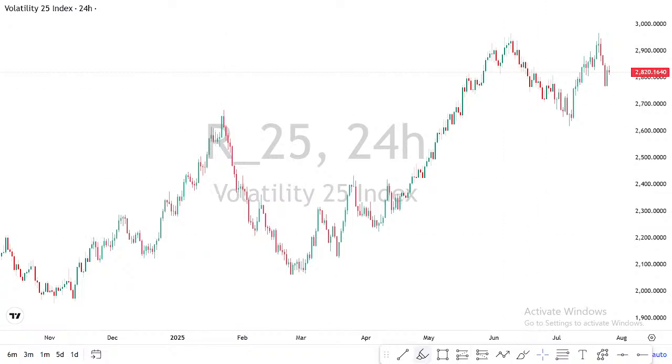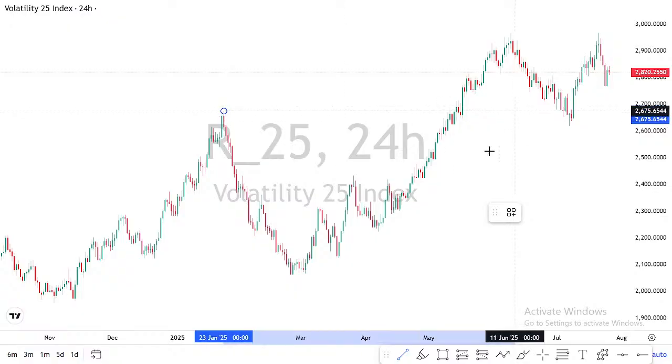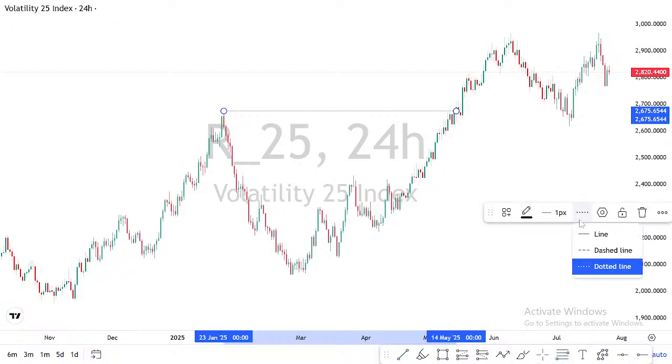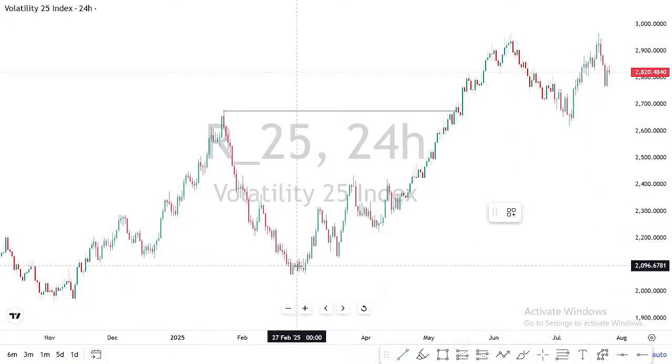Our last break of structure for this asset is to the upside. So whatever sell we are going to be taking has to be a retracement until the market takes this particular low.